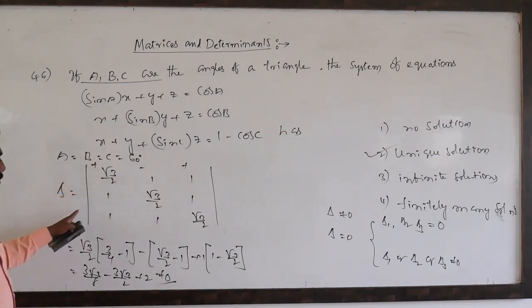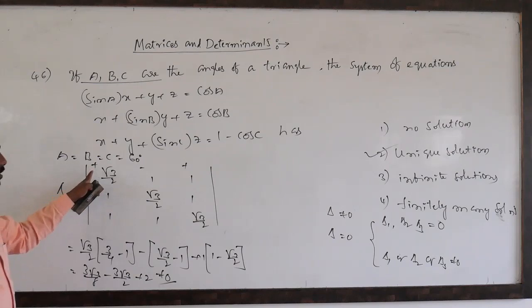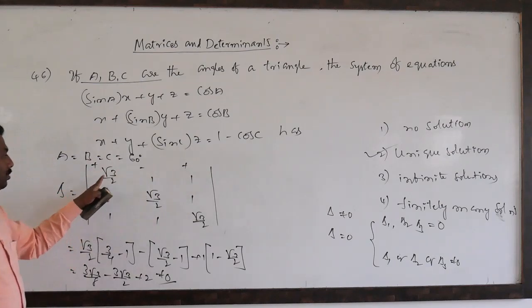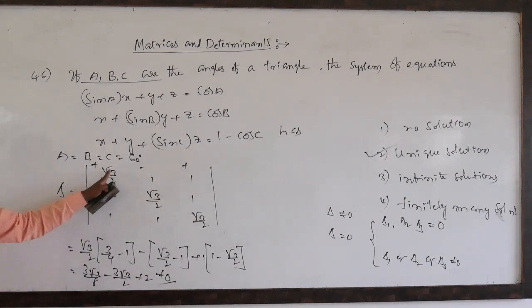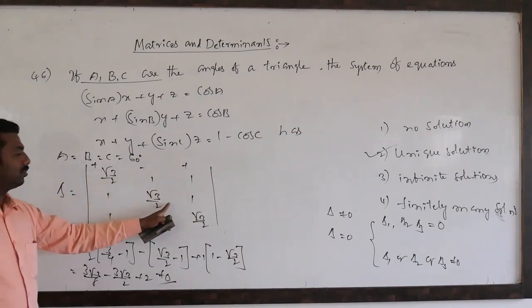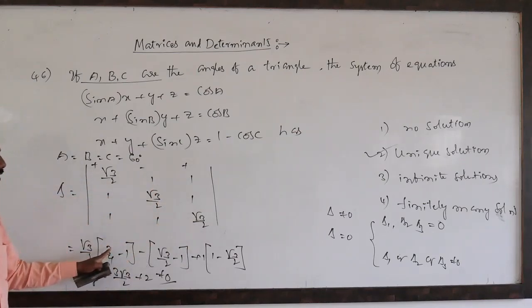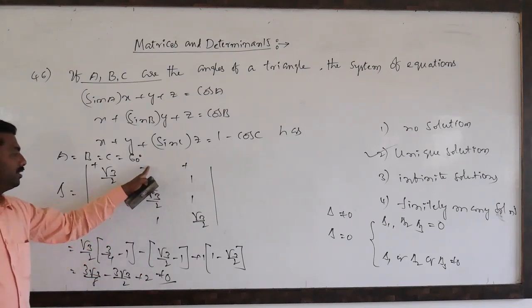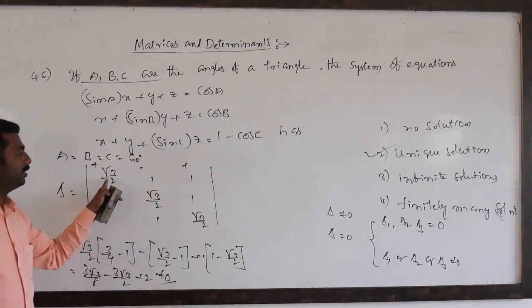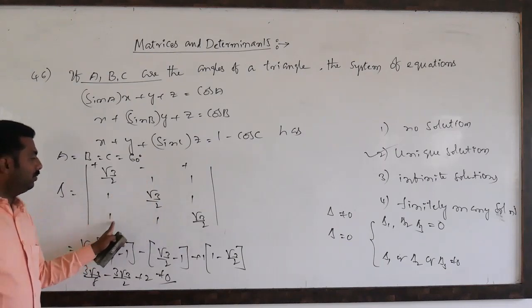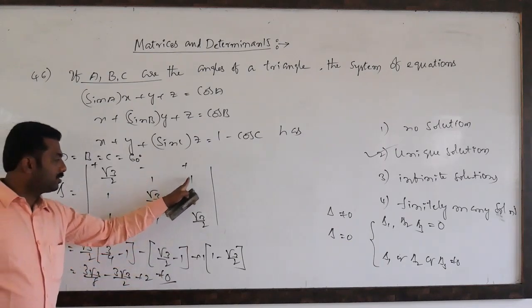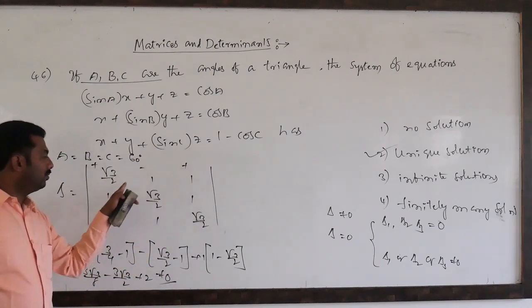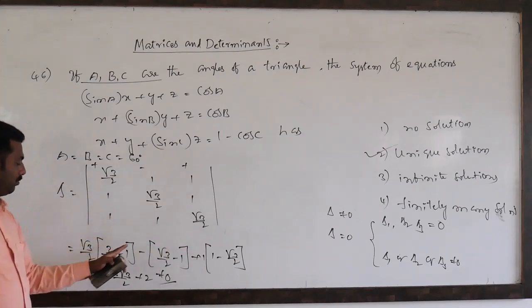See, you should learn the determinant expansion. The signs are plus, minus, plus. So plus root 3 by 2 into, closing this column and this row, root 3 by 2 times root 3 by 2, which is 3 by 4 minus 1. Then minus 1 by 2, closing this column and this row, root 3 by 2 minus 1. Next plus 1, closing this column and this row, 1 minus root 3 by 2.